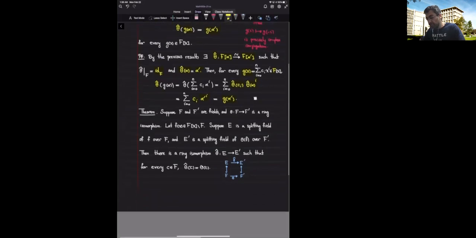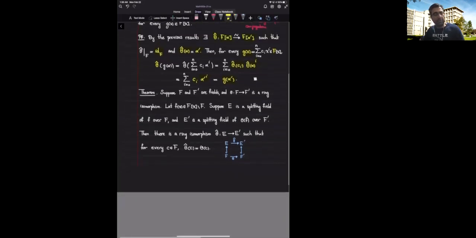Okay, so now we are prepared to, in fact, prove a stronger statement than saying splitting fields are isomorphic to each other. So a splitting field is unique. We are going to prove a slightly stronger statement, but this stronger version actually can help us go through the induction argument in an easier fashion. That's the first thing.